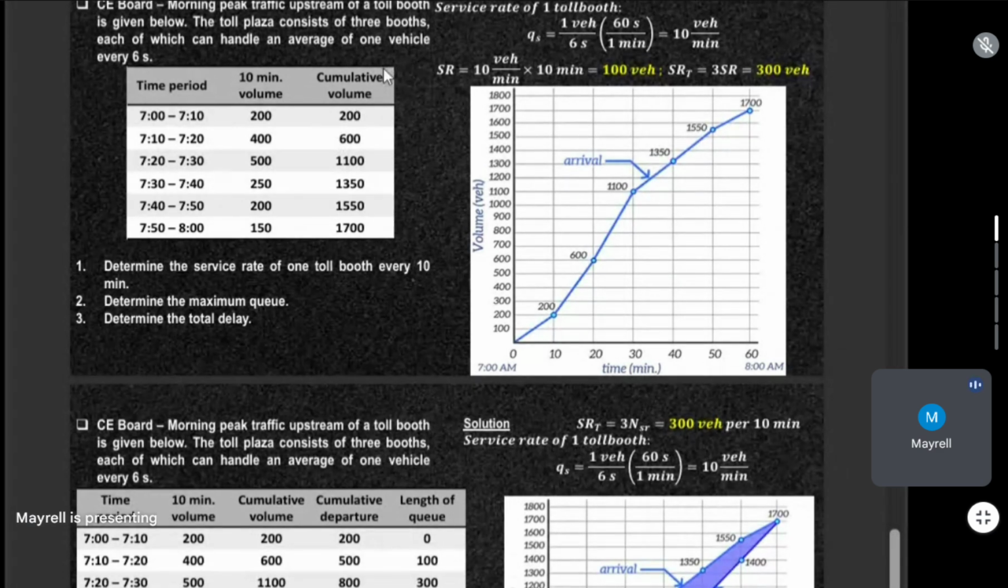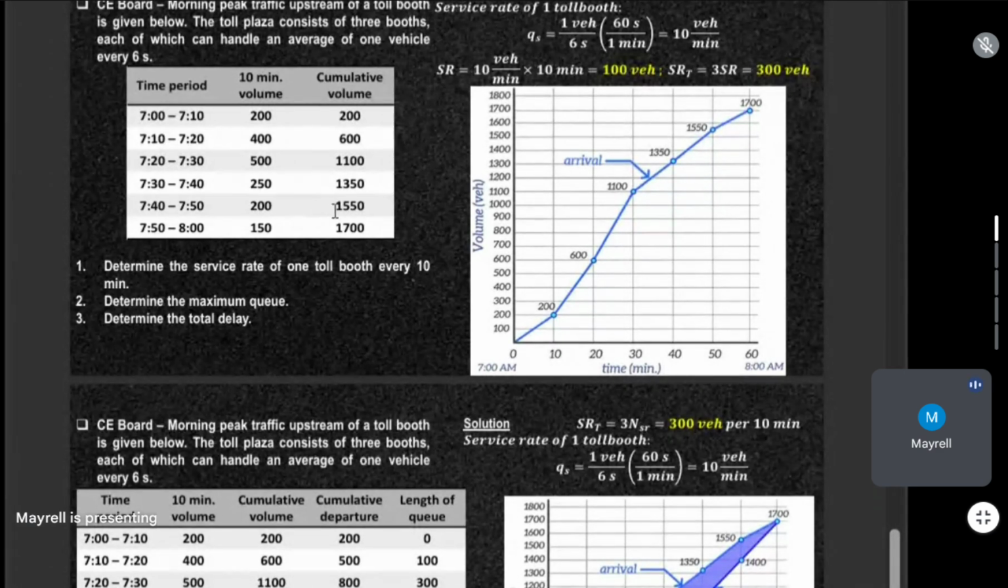Then you have the cumulative volume, so 200, then plus 400 from 7:10 to 7:20, so 600. Then 500, so you add that, 1,100. Then plus 250, so 1,350.